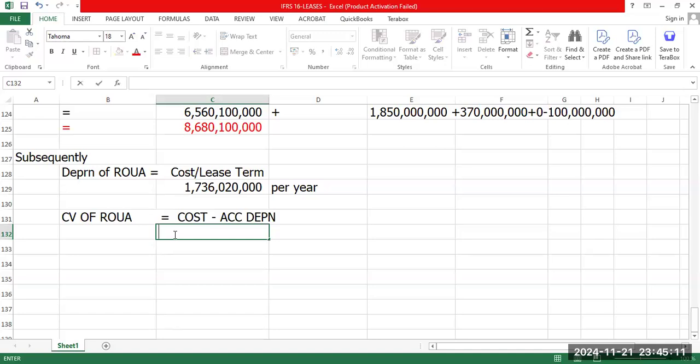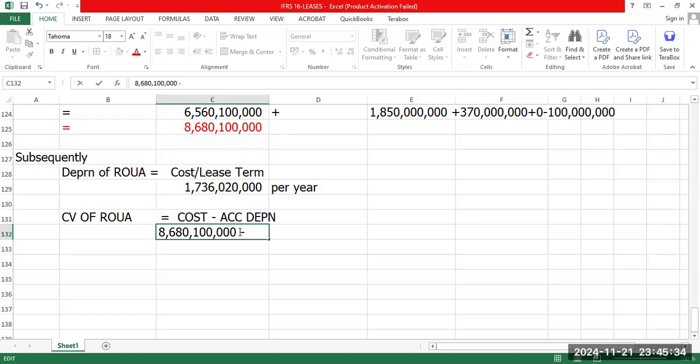The cost is this one. Okay, I'm going to write 88680, 100,000. Minus what, colleagues?